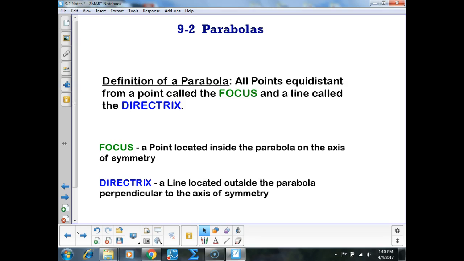So, parabolas. The definition of a parabola is all points equidistant from a point called the focus and a line called the directrix. Okay? So there's a lot of big words in there. Okay? So let's start with the third one. Equidistant. What is equidistant?